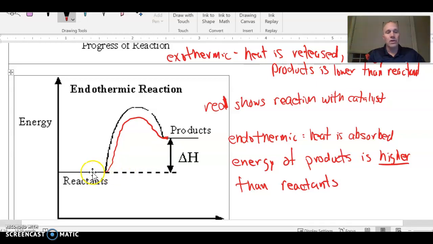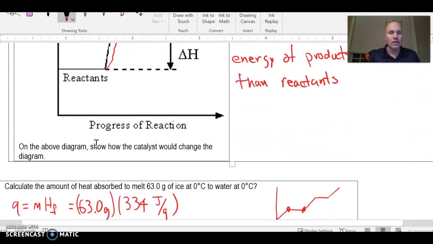So for an endothermic reaction, you have to put energy, usually in the form of heat, into it, and that's what allows it to have products that have higher energy. The takeaway, though, is just to memorize the overall shape of the endothermic versus exothermic reaction diagrams.